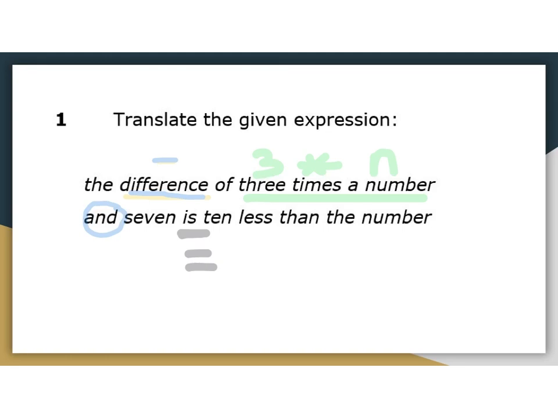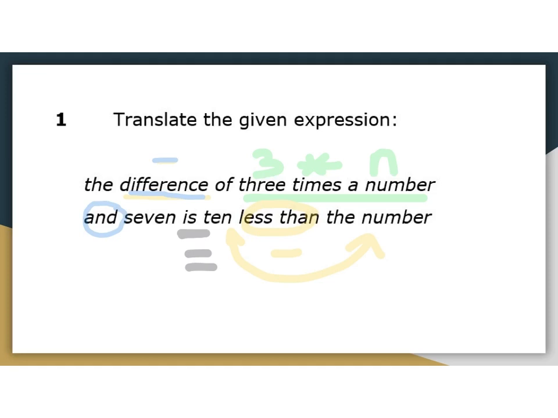Less than is another special phrase where you're subtracting, but it's going to be 10 less than whatever is after it. So this 10 and the phrase and number are going to swap sides because you're going to take 10 from whatever number is being represented by the variable n.